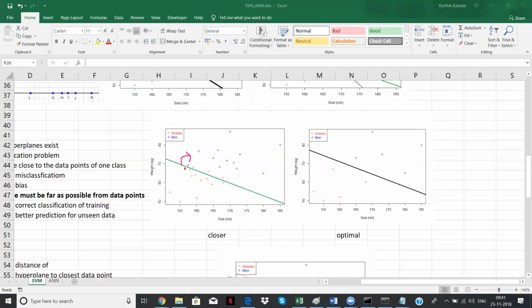Whereas on the other hand, look at this one, the distance d from the nearest point to the existing line. I'm assuming this to be the nearest point here. The distance from this point to this line is huge, as compared to the same point on this graph, where the gap between the nearest point and the line is a little bit lesser, right? Now look at the second case, the optimal case.